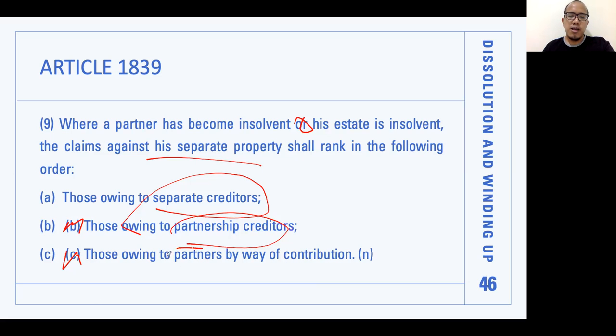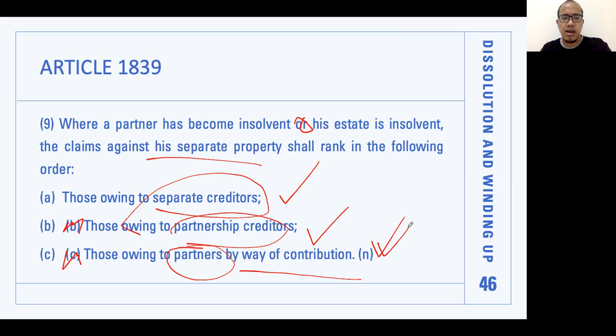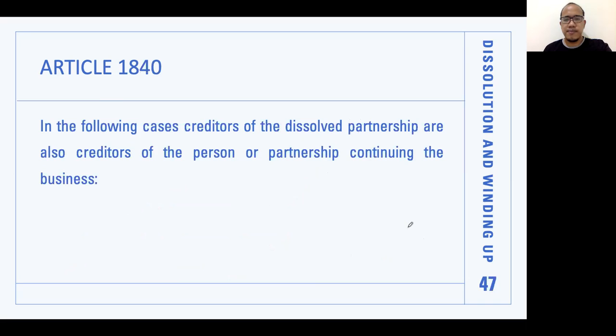And then pangatlo, partners by way of contribution. Yung ibang partners, gusto nilang mabawi yung contribution nila, pwede sila maghabol sa separate property ng insolvent na partner, pero third sila in the order of priority. Uunahin muna yung sariling creditor ng insolvent partner, yung creditors ng partnership, at yung panghuli, dulo na, yung contribution ng mga partners.